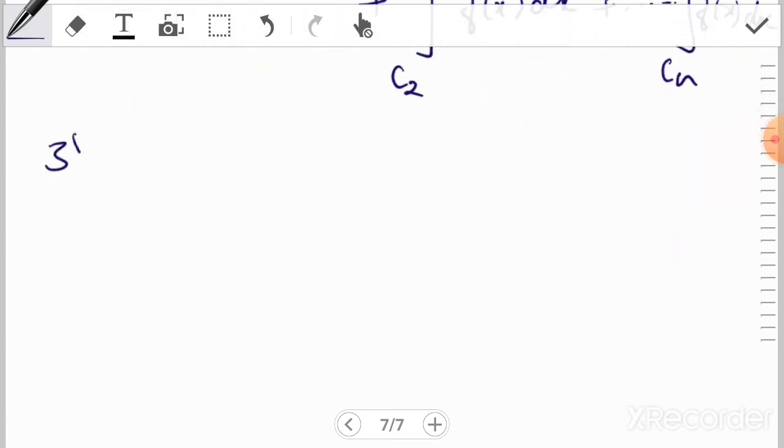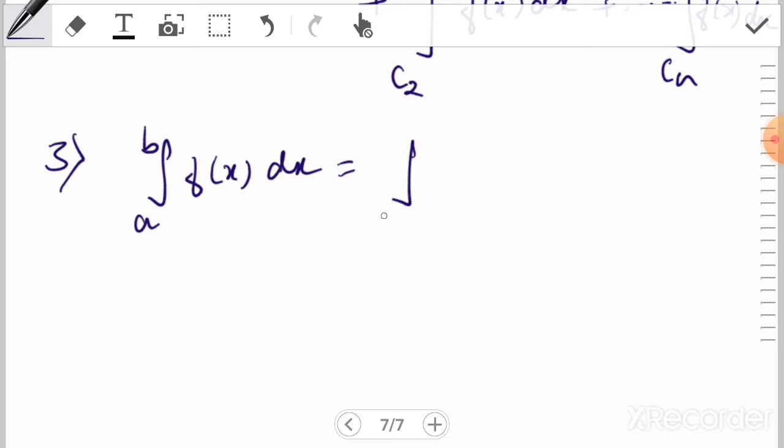So the third property is that the integral from a to b of f(x) dx is equal to the integral from a to b of f(a + b - x) dx.